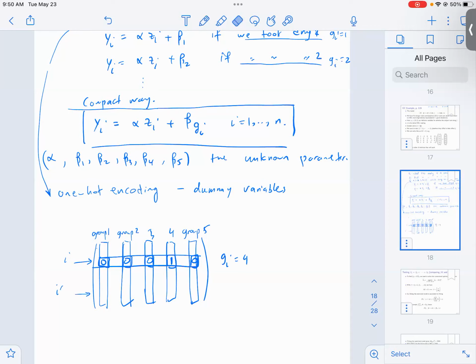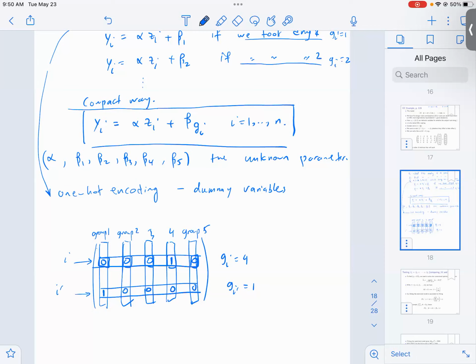If I have the ith prime person, for example, G ith prime is, let's say, 1. Okay, what would that be? If GI prime is 1, what would that row look like? 1, 0, 0, 0, 0.